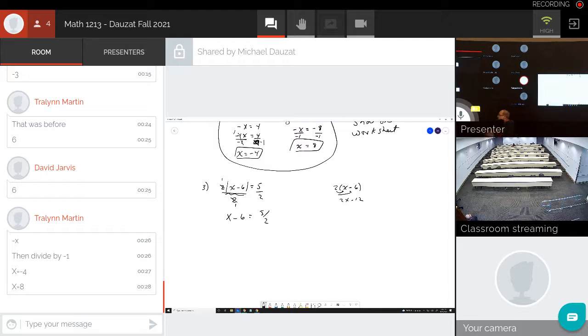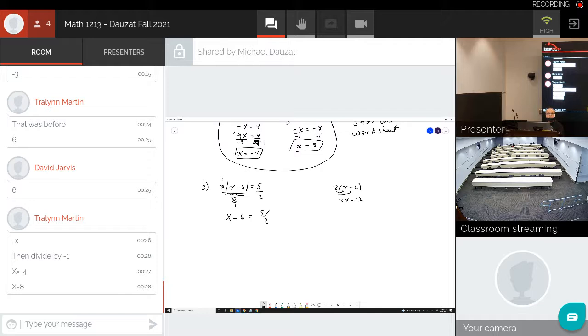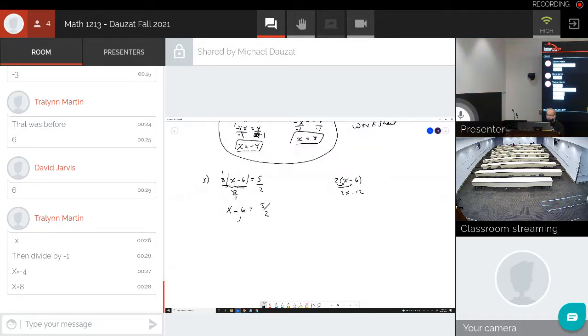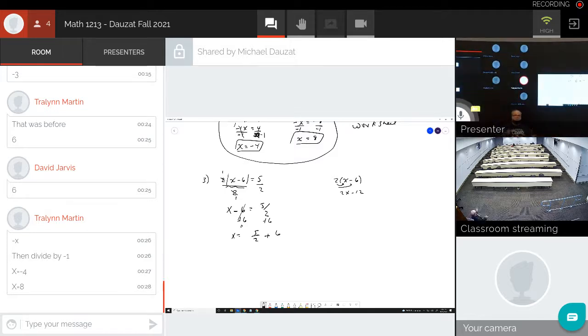And then finally, what's the next step? How to get x by itself? Add 6 to both sides, right? And so when I combine like terms, I get x equal 5 halves plus 6. Now you have access to a calculator, but I'm going to do this by hand just to remind you what you would do.